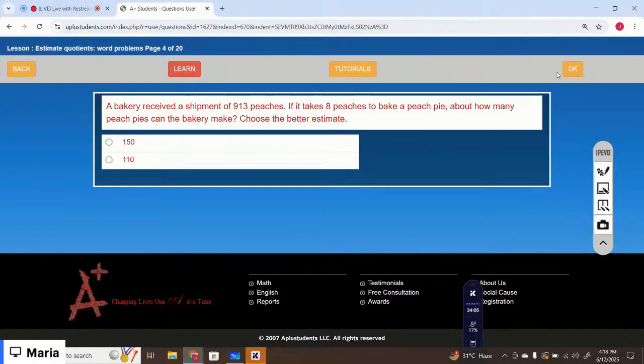A bakery received a shipment of 913 peaches. If it takes 8 peaches to bake a peach pie, about how many peach pies can the bakery make? Choose the better estimate.